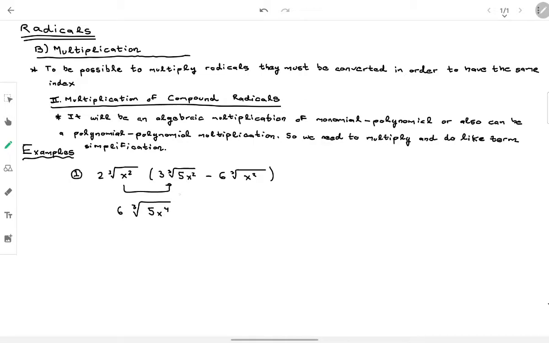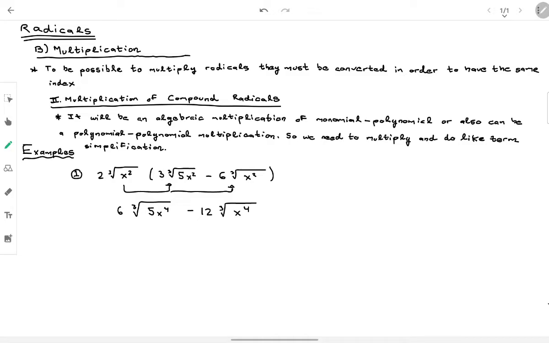Then if I multiply by this one, it's going to be minus 6 that multiplies 2, which is minus 12. What happens next? It's going to be multiplying what is inside the radical, x squared and x squared is going to be x to the 4.